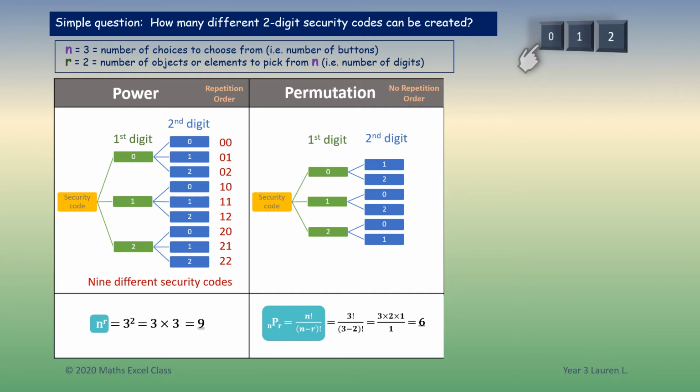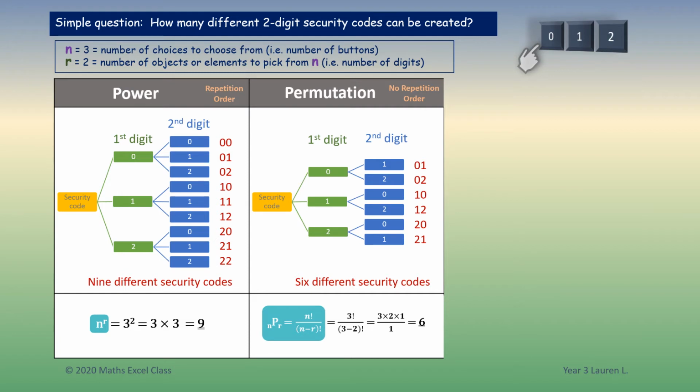So we can cancel those two numbers and we are left with 3 times 2. 3 times 2 equals 6. And this is because we have 3 digit choices for the first digit and 2 remaining digit choices for the second digit. So we have 6 different security codes.